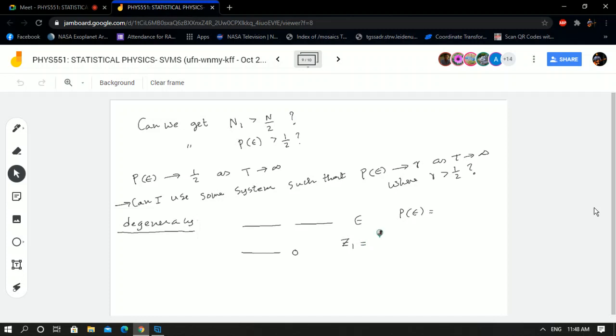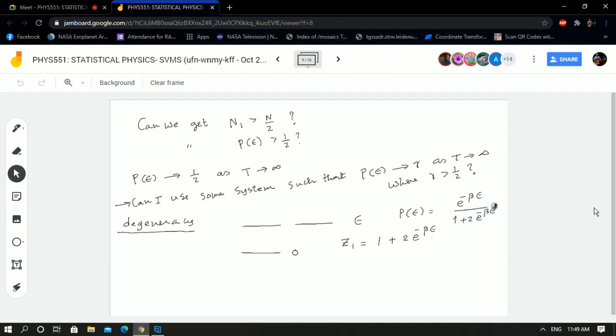The first one is 1 because the energy is 0. Plus the second one, whatever the number of degenerate states, so that is 2 into e to the minus beta epsilon. Correct? So now what will be P of epsilon? e to the minus beta epsilon by Z1, that is e to the minus beta epsilon by 1 plus 2 into e to the minus beta epsilon.